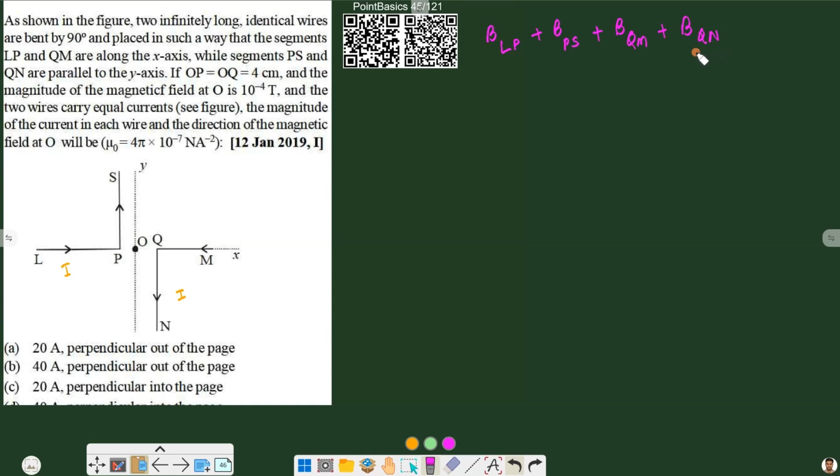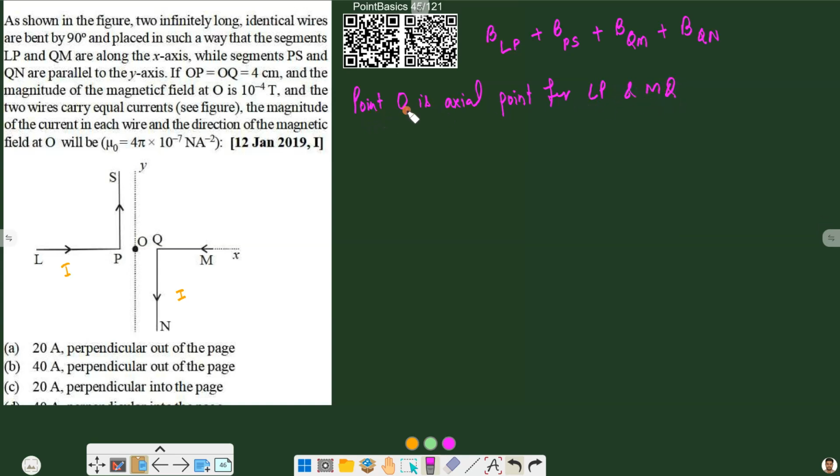And we know that as for conductor LP and conductor MQ, point O is an axial point for LP and MQ.